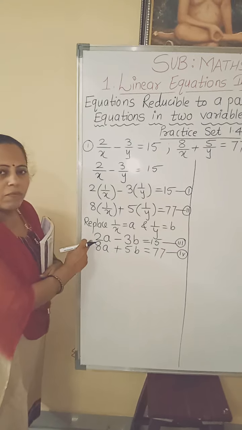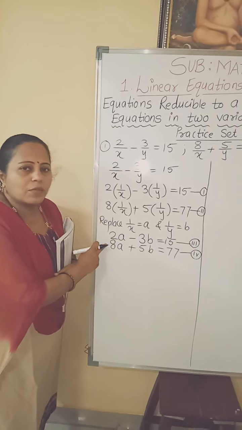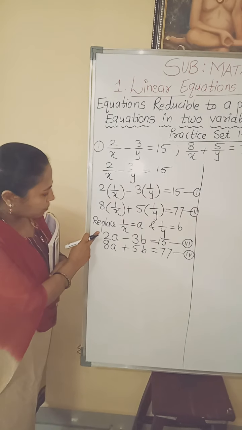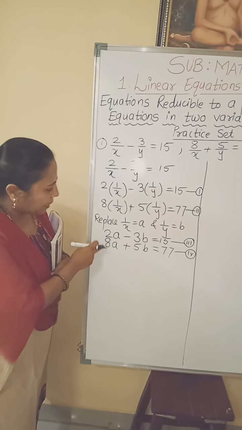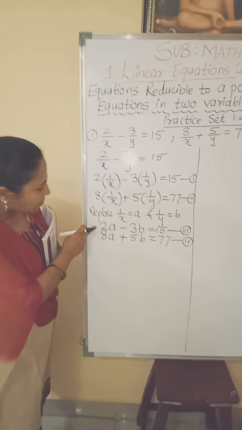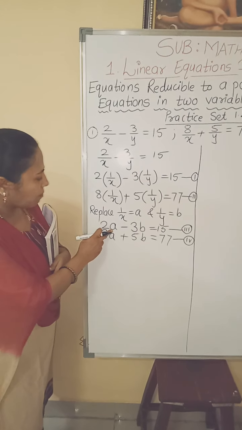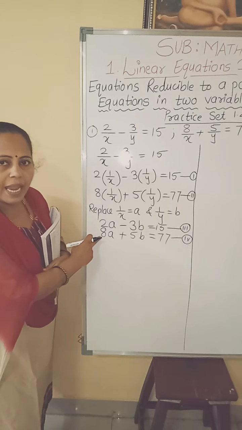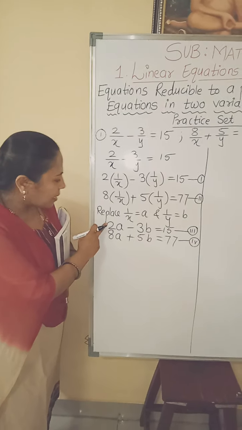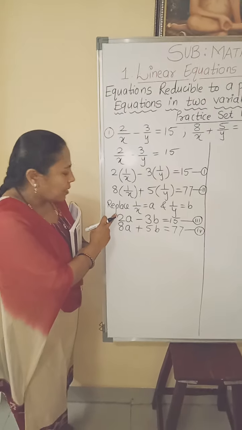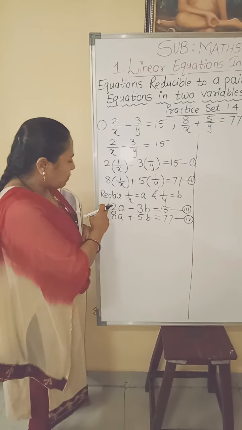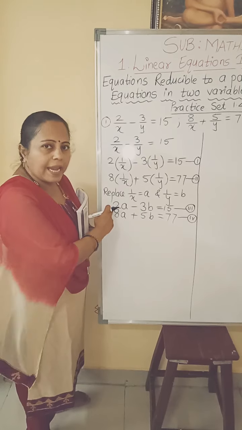Okay students, now we will solve these equations using the equating coefficient method. If you observe the coefficients of variable a, in the first equation the coefficient of a is 2 and in the second equation it is 8. So to make the coefficients equal, we have to multiply by 4. We will get 2 fours are 8a.